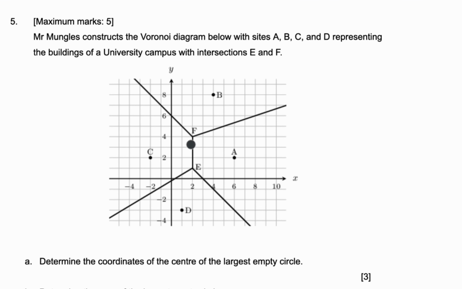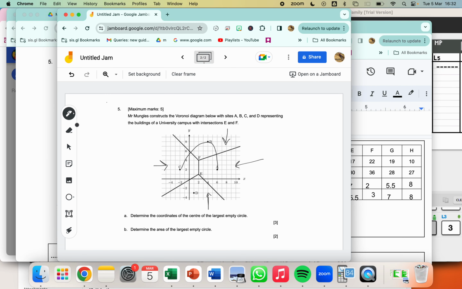When you have a Voronoi diagram like this, where you have 4 unique cells and 2 vertices in the middle, what you end up having is a pattern where 3 of the sides are equidistant from one of the vertices, and the other 3 are equidistant from the other vertex.